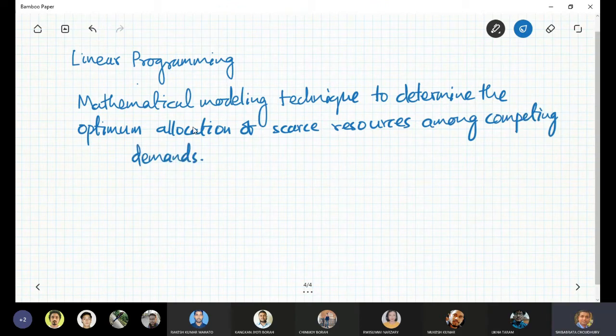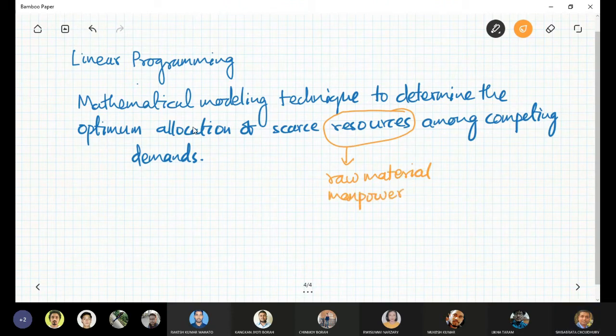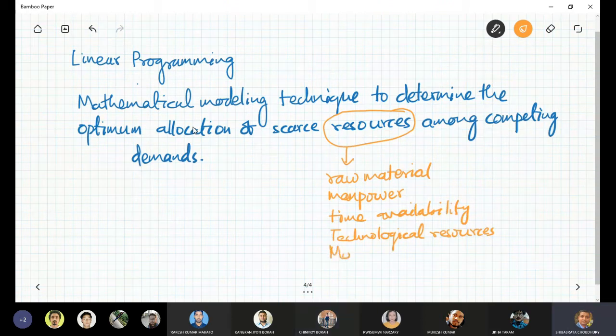Linear programming is a mathematical modeling technique to determine the optimum allocation of scarce resources among competing activities. Resources can be raw material, manpower, time availability, capital, or human resource.